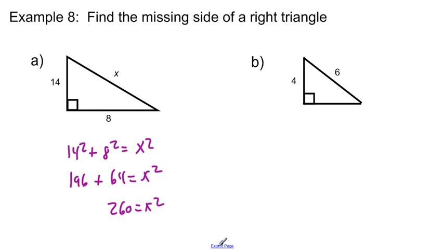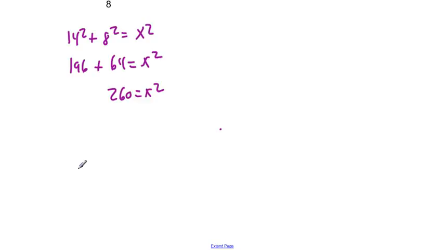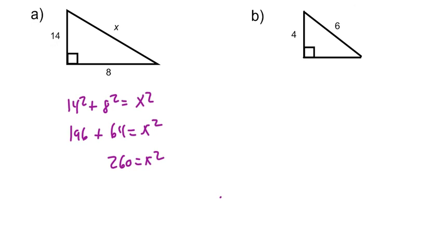And then if I want to solve for x, I need to get rid of my square. So that means I'm going to take the square root of both sides. So x equals the square root of 260. Since we've been simplifying radicals for this whole section, we need to apply those skills. So what is the biggest perfect square number that goes into 260?